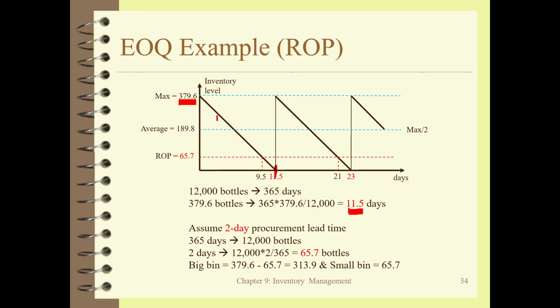So you draw this graph, and because we assume a 2-day purchasing lead time, you cannot order on the 11.5 day. You have to order at 9.5, and the demand during the lead time, you want to find the demand during the lead time. That is the reorder point.